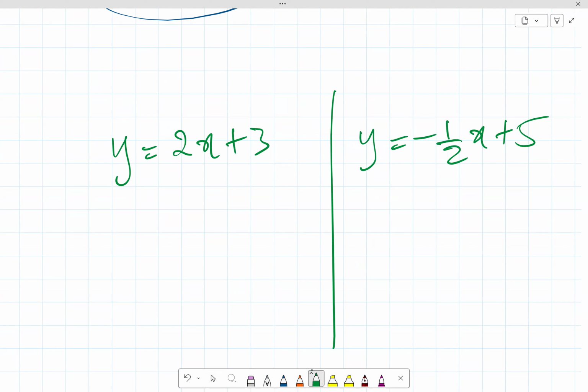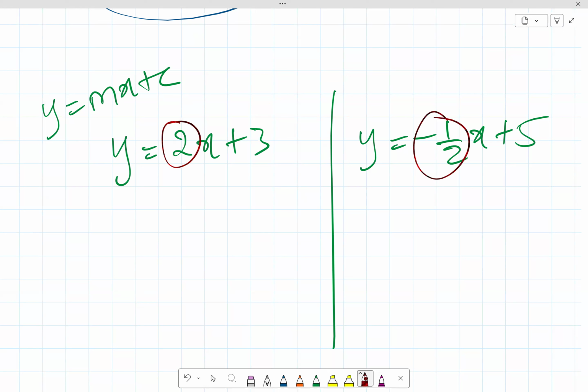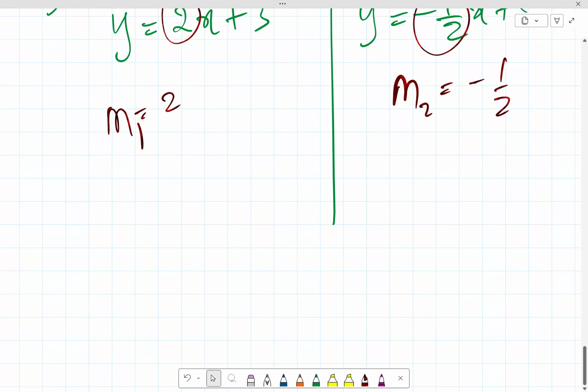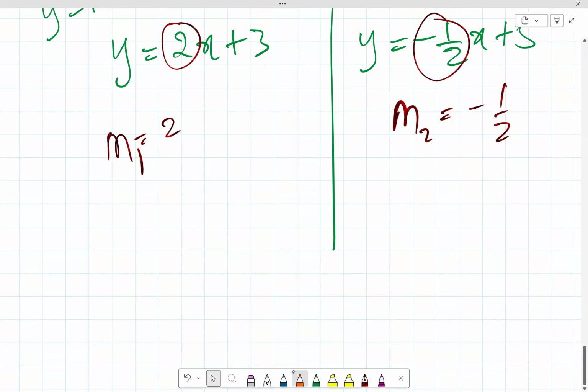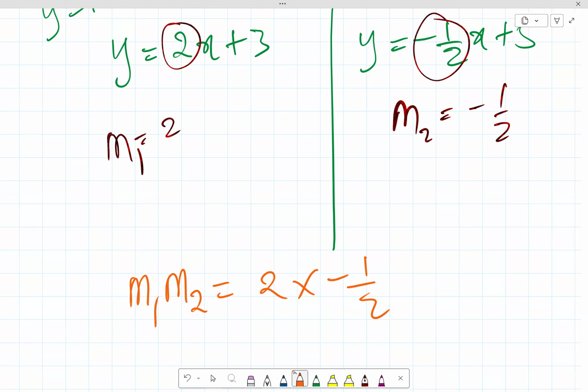They're already in the form y equals mx plus c. Identify the slopes. Here, this is the slope and this is the slope. So you have m1 equals 2, and m2 equals minus half. To check if they are perpendicular, a simple check is to multiply the two slopes. So you have 2 times -1 over 2. 2 cancels 2, so you simply have -1.